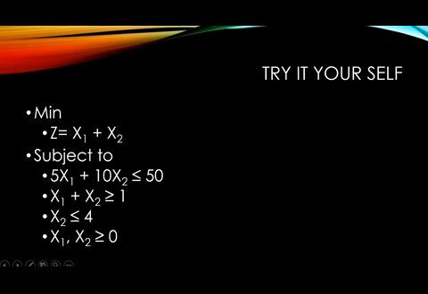When you have a constraint x2 less than equal to 4, it is nothing but 0 plus x2 less than equal to 4. So you will get a straight line here, not vertical, because I am considering x2, you will get a horizontal line for this constraint.